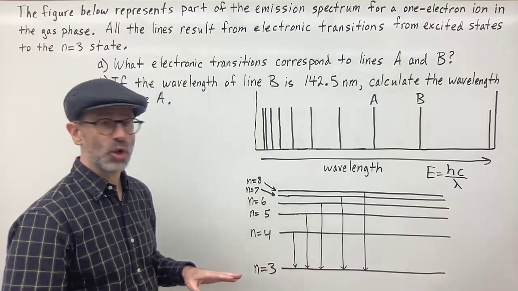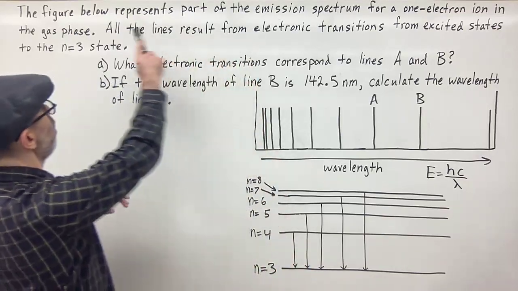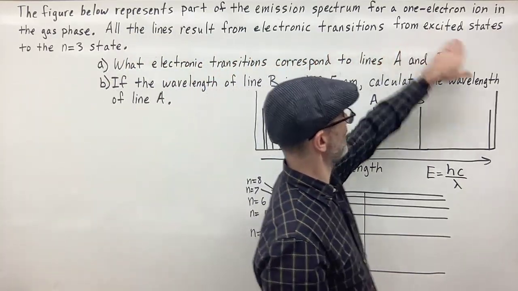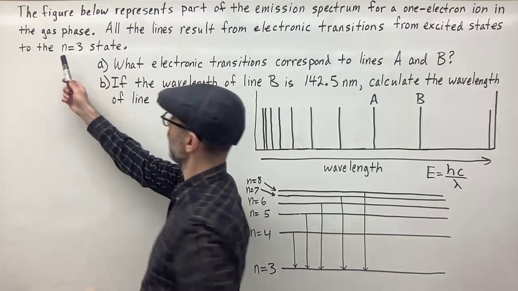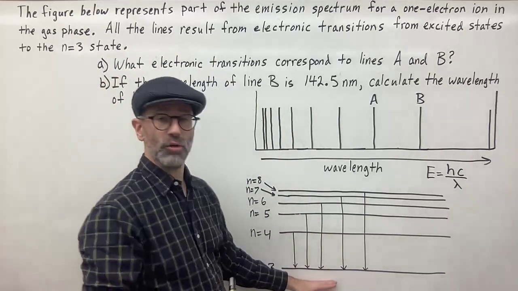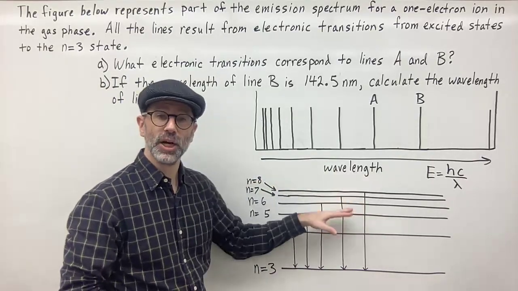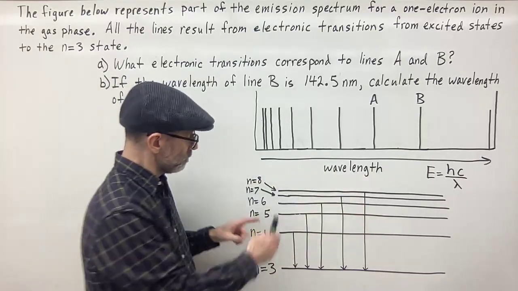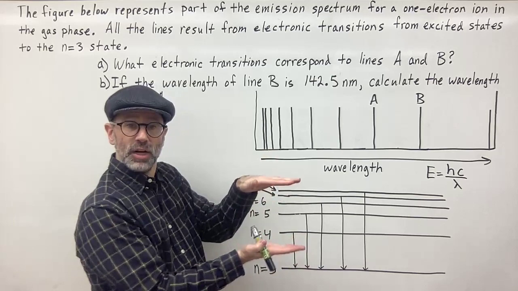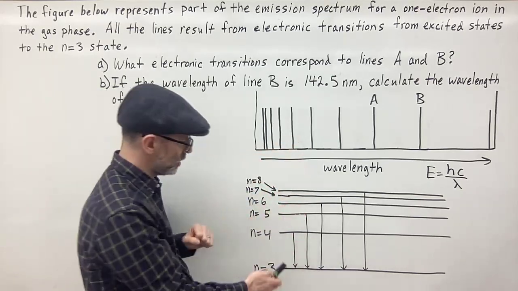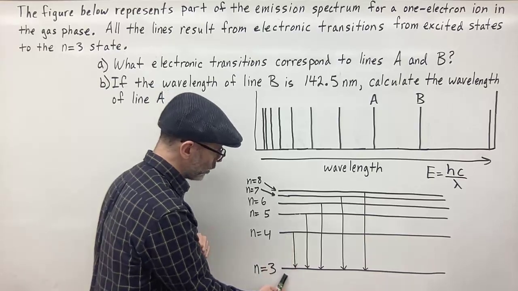Remember, we're told that all lines result from electronic transitions from excited states down to n equals 3. So they all go down to n equals 3, and they all start somewhere up here. So the smallest gap in energy is going to be between 4 and 3.